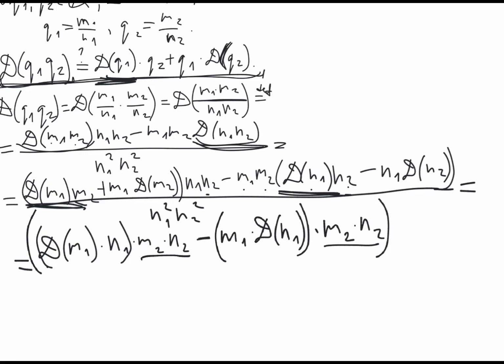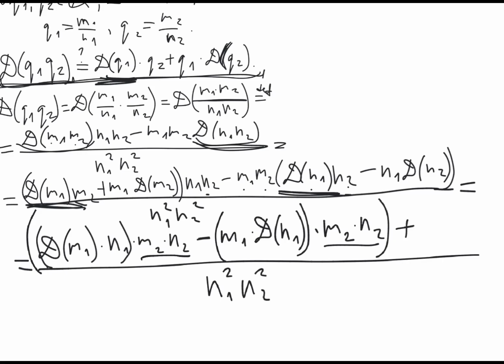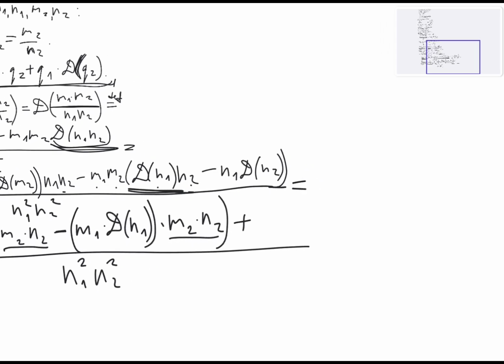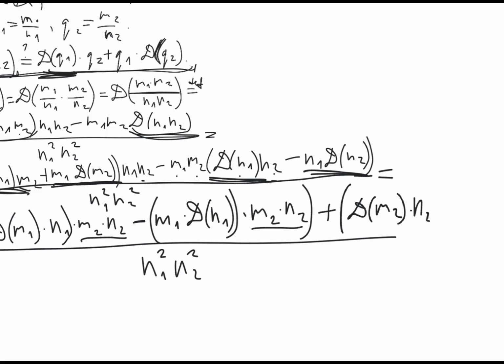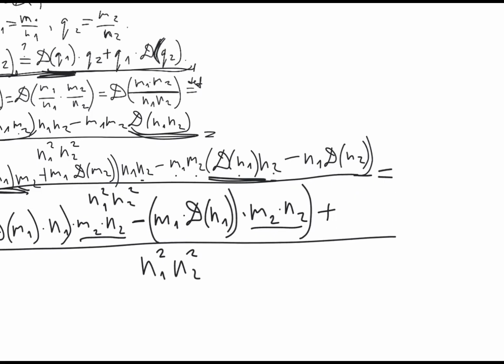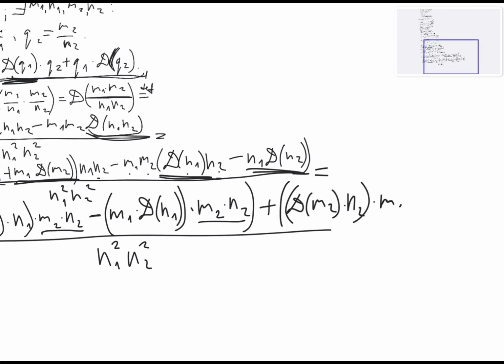And now we have here plus, so this is all in the numerator. In the denominator is n1 squared and n2 squared. And here we have remaining this term and this term. For this term we take d of m2 multiplied by n2 and everything else is m1 multiplied by n1, right?